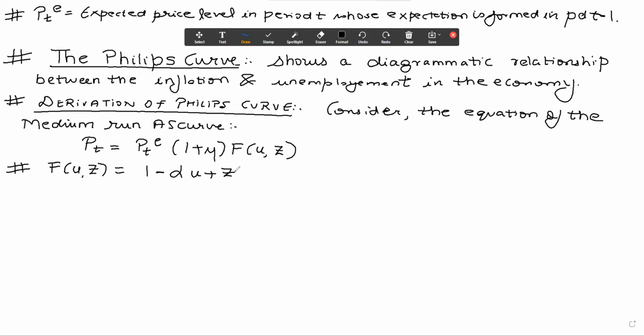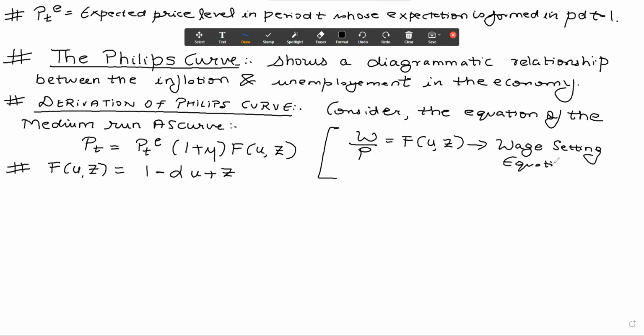Recall that W by P is a function of u and z. This was our wage setting equation.